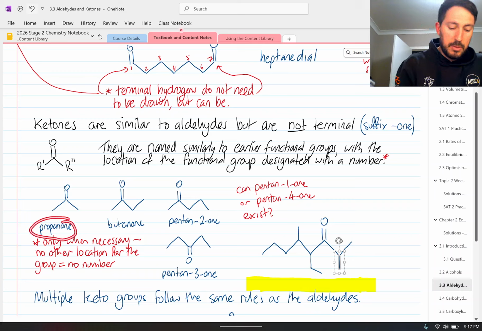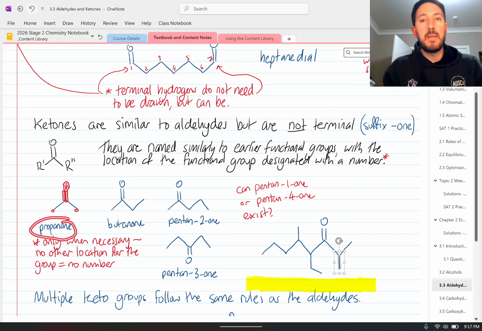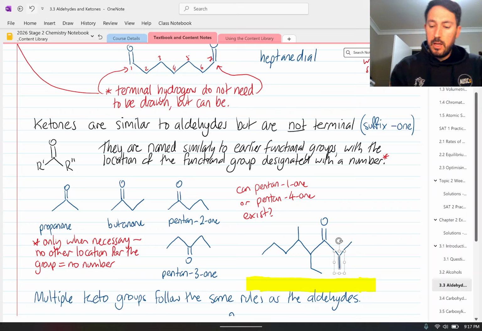It has 3 carbons, 1, 2, 3, and our C double bond O must be in the middle. If it wasn't in the middle, if it was on one of the ends, then it would not be a ketone. Now, before I continue, the suffix is -one, as you can probably imagine, but instead of al for aldehydes, it'll be -one for the ketones.